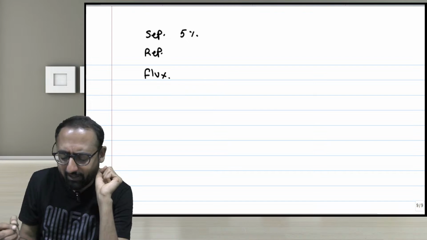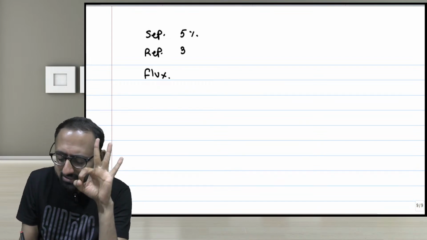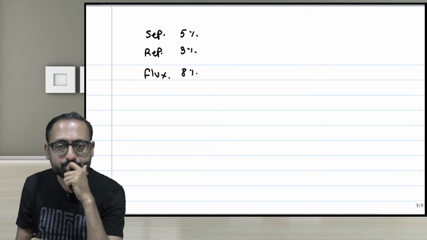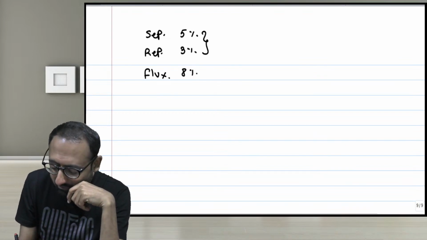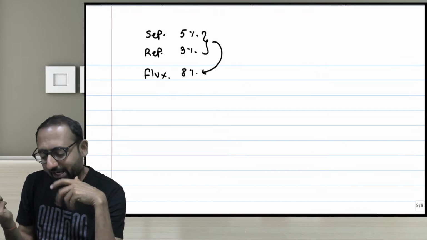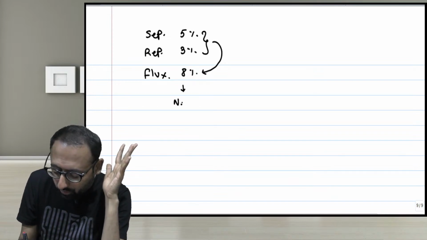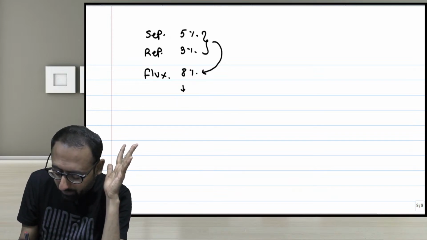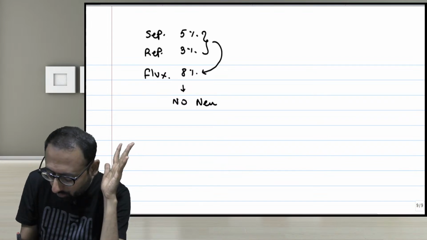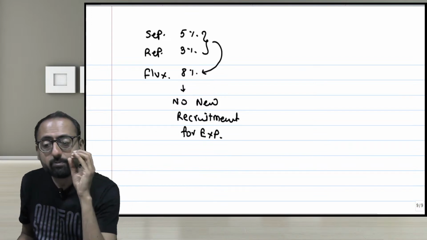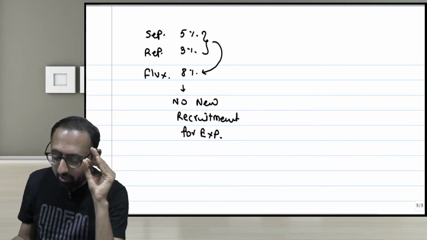Separation percentage is 5%, replacement percentage is 3%, and flux percentage is exactly 8%. So 5 plus 3 is equal to 8. If 8 is equal to 8, then there is no new recruitment for expansion.